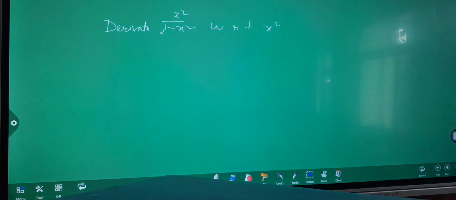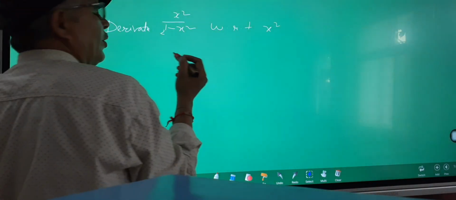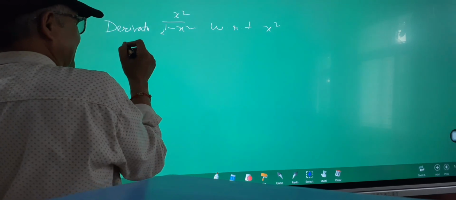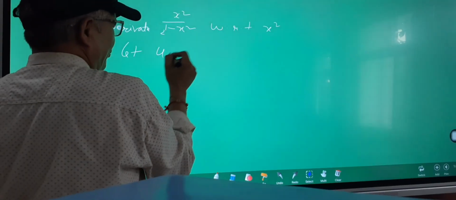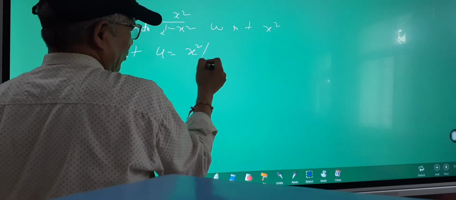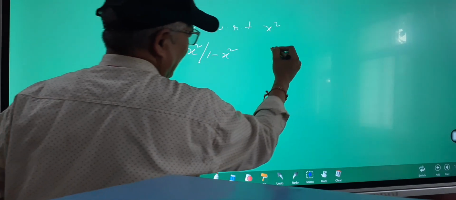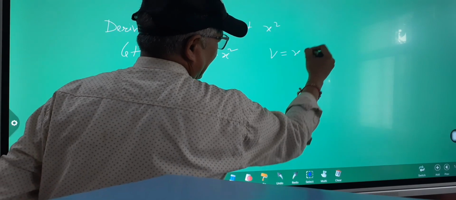This is the question. So what you have to do, try to write in the form of parametric functions. Let introduce two more functions. Let u equal to x square upon 1 minus x square and v equal to that is x square.